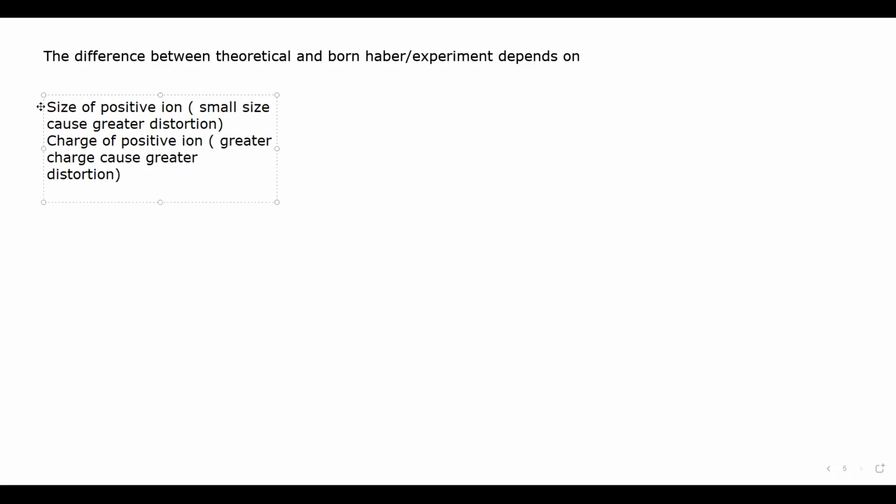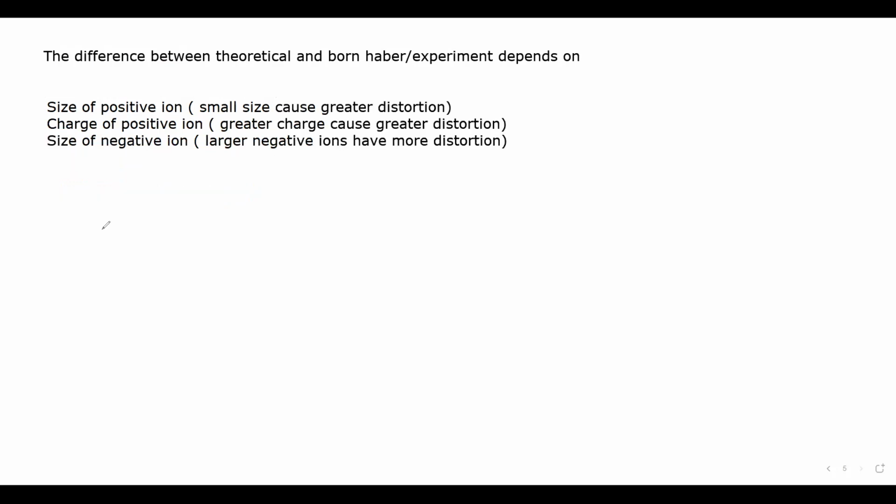And the last one is the size of the negative ion, that should be as large as possible. So larger negative ions have more distortion or greater polarization. So these are the three factors on which the polarization depends.